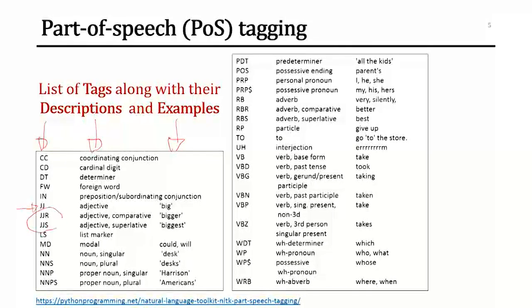For example, we use JJS for representing the superlative form. For example, we have the word biggest. It is used in the context of superlative, right? So to obtain this information, the tag JJS is used. And we can also see other tags that are used to represent the part of speech in the sentence.